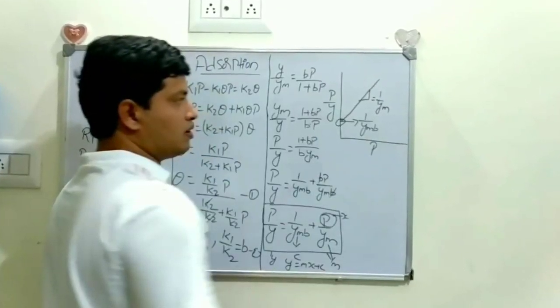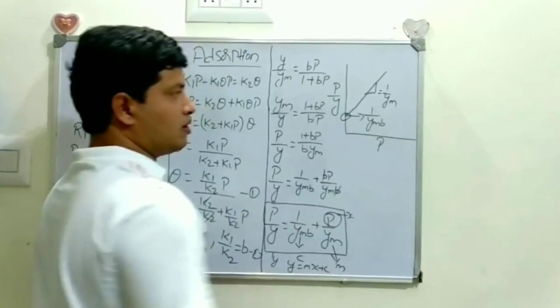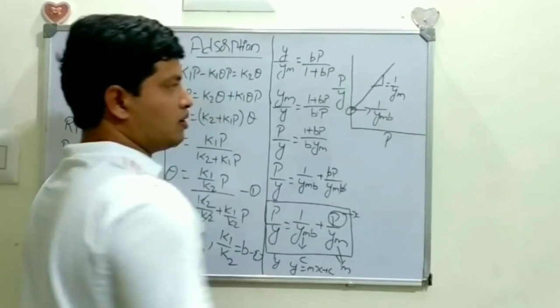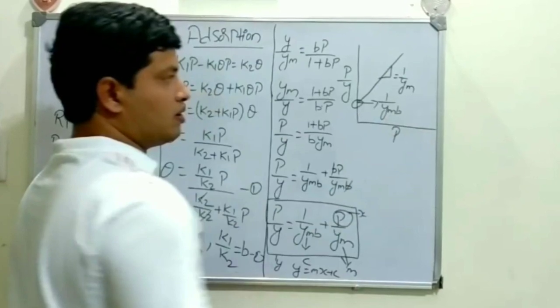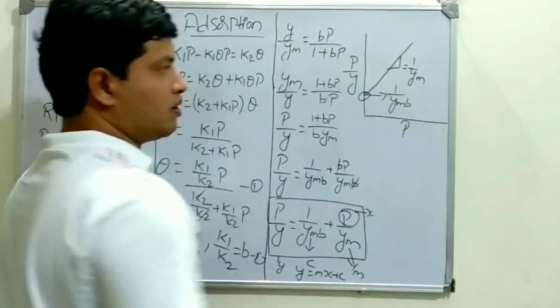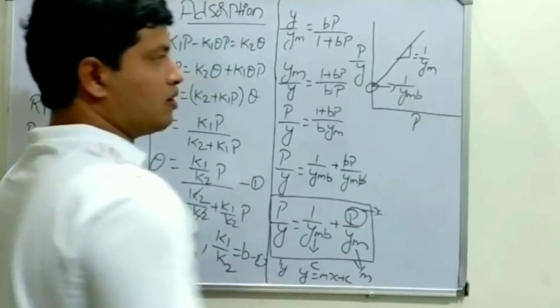This equation looks like the Langmuir adsorption equation. You can see the straight line. In textbooks, the previous equation has been given as Langmuir. The previous one is Freundlich and this one is Langmuir. Just check in the textbooks.